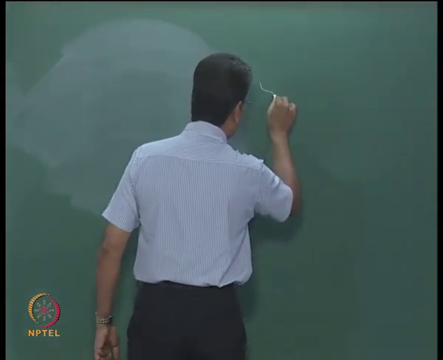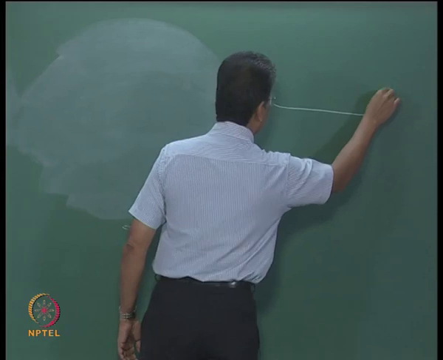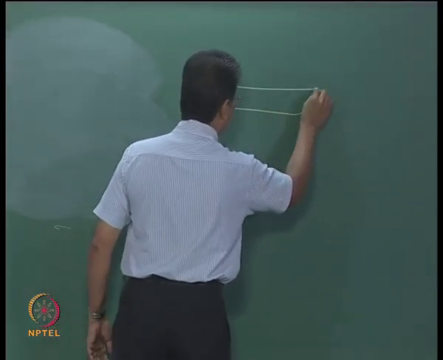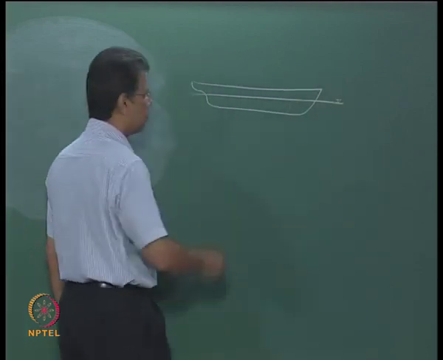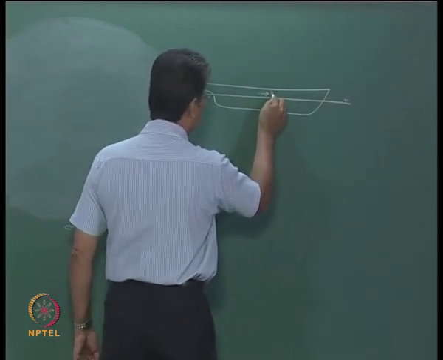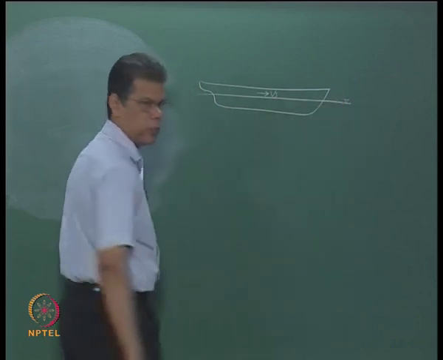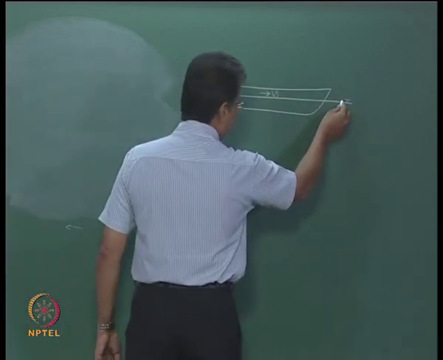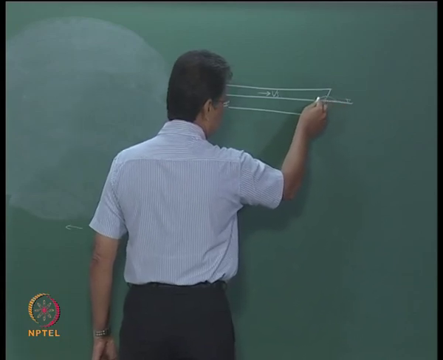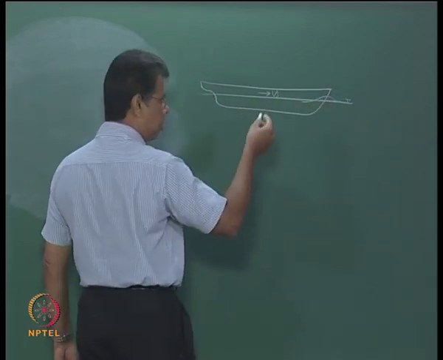Consider a ship moving in this direction, which is floating at this water line, here there will be a wave formed like this. We will see the components of waves later.